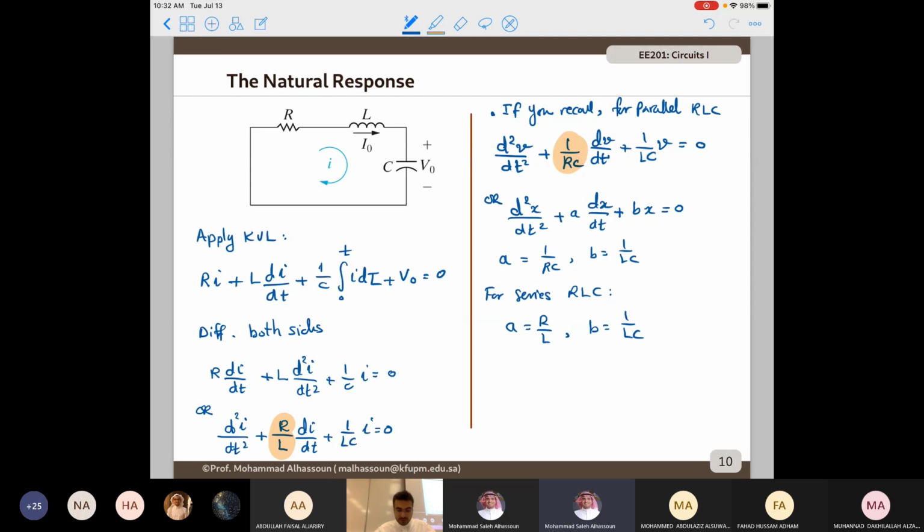If you recall, in the previous case alpha was A divided by 2, because alpha was 1 over 2RC. And in this case, alpha is R divided by 2L. So that's the only thing that's going to change. Other than that, everything is exactly the same.